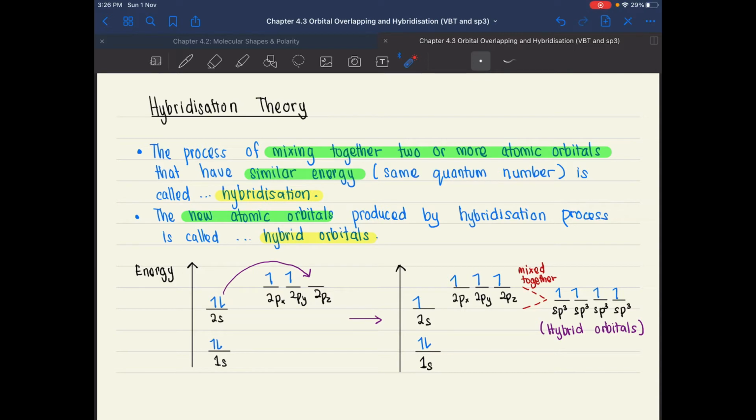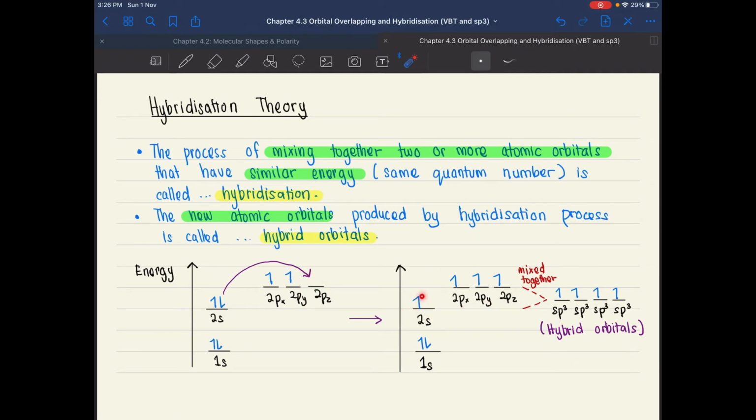So let's see how hybridization can explain the ability of carbon to form 4 bonds. For 2s, there is this pair of electrons, and one of these electrons is excited to the 2p orbital, and this is the result.